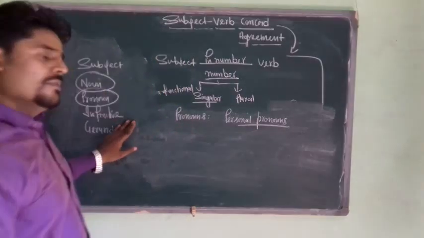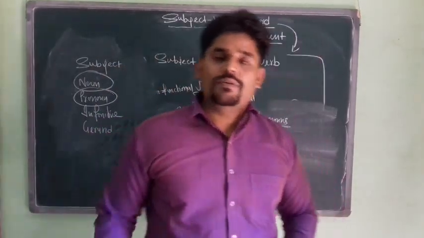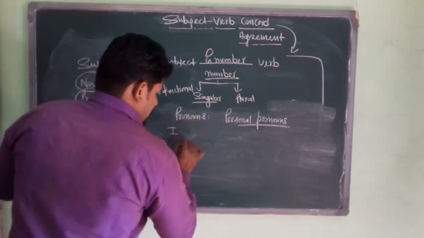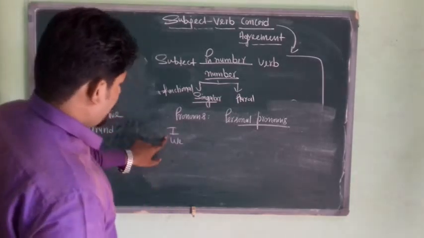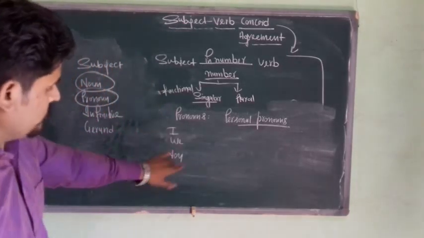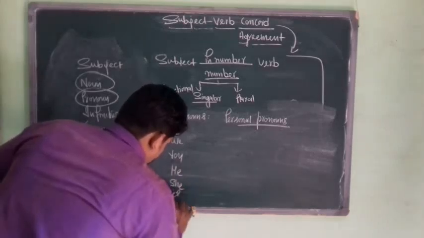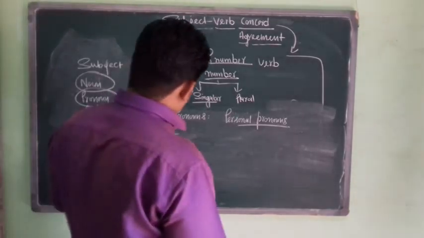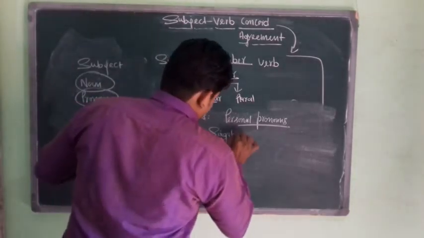Personal pronouns stand for persons. These are divided into three persons: first person, second person, and third person. First person comprises I and we. Second person comprises you, and third person he, she, it, and they. Students, let us now try to understand their number. I am here going to write singular.